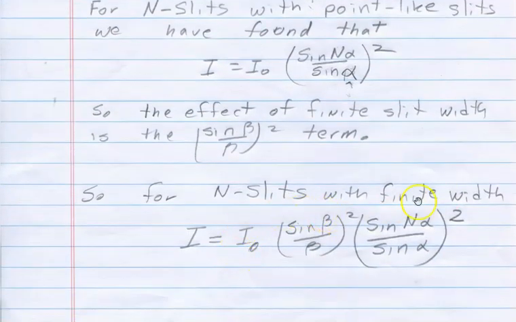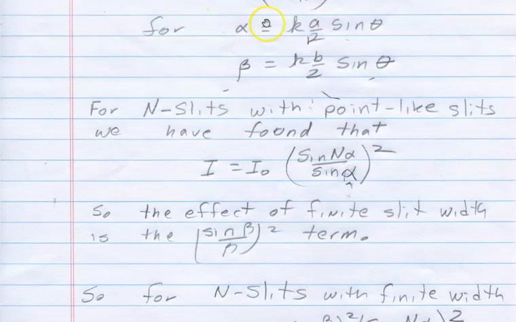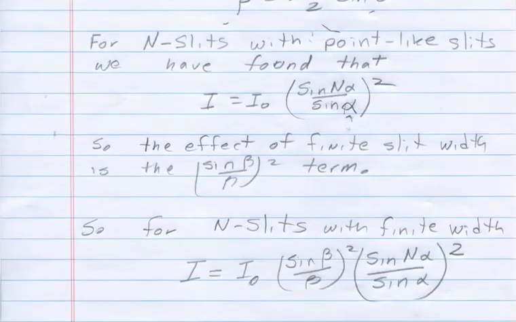For N slits with finite width, one gets the intensity is I naught, sine beta over beta squared, and then this is the interference term between the various slits. And again, in both of these, we have a similar form for alpha and beta. For beta, one has the slit width, and for alpha, one has the distance between the equally spaced slits, the distance between adjacent slits, the centers.